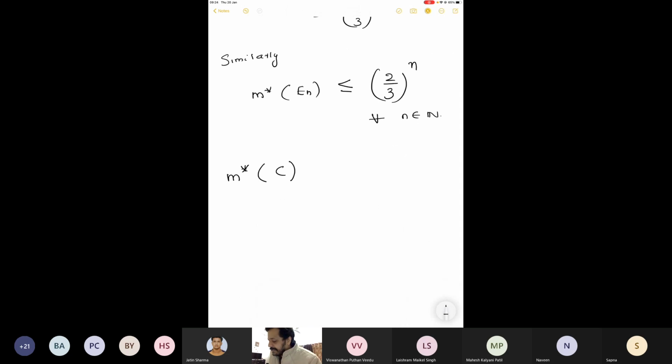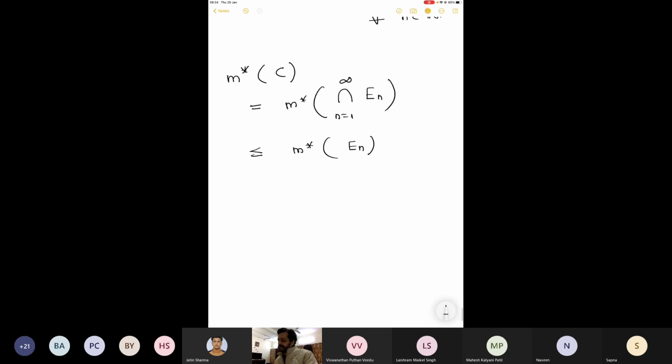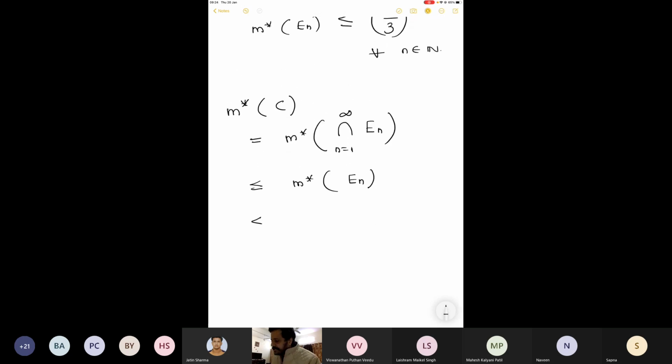Now M star of C: the Cantor set by definition is the intersection of En, n equal to 1 to infinity. Now again use monotonicity. M star of the intersection will be less than or equal to M star of each En, because the intersection is contained in En. If A is contained in B, M star of A is less than or equal to M star of B. And M star of En is less than or equal to 2 by 3 power n, and this is true for all n.